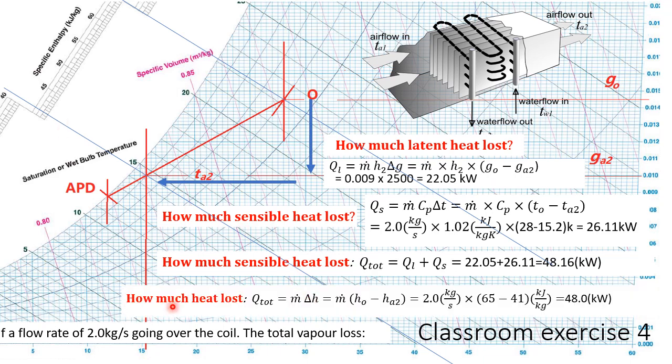So therefore, the total heat lost will be mass flow rate multiplied by enthalpy change.